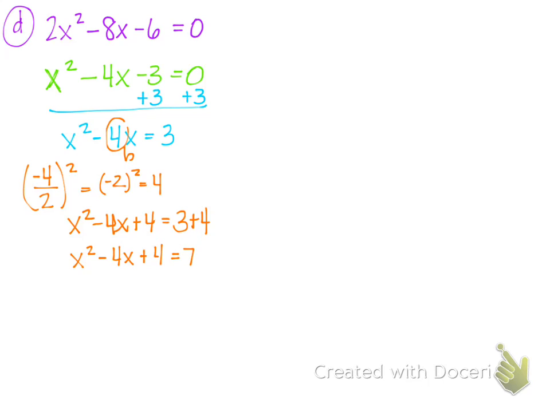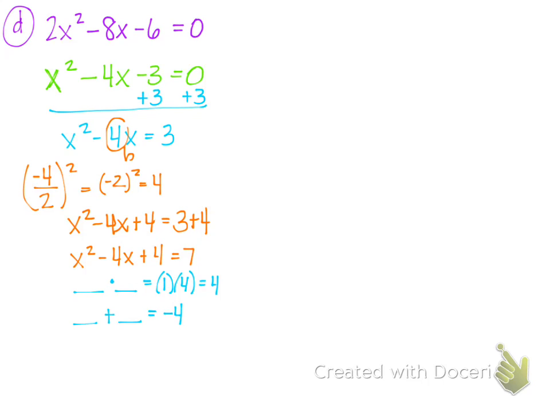Okay, the next thing we want to do is that third step. We want to factor the left-hand side. So we're going to use blankety blank on this guy. So blank times blank is equal to a times c, so 1 times 4, which is 4. And blank plus blank is equal to b, which in this case is negative 4.